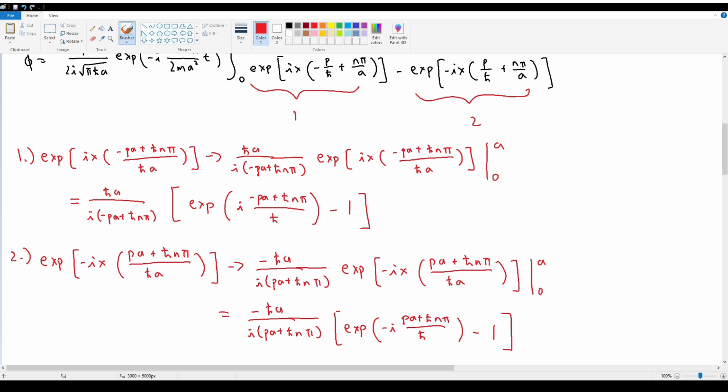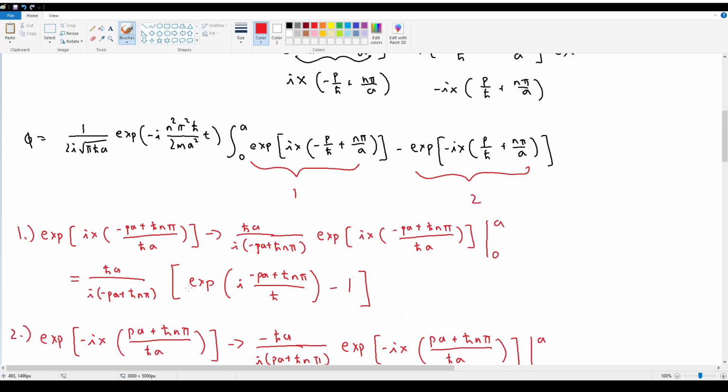Next, let's actually plug this into the above, because now that we've solved the integral, we can rewrite it out, right? I am going to copy paste this.